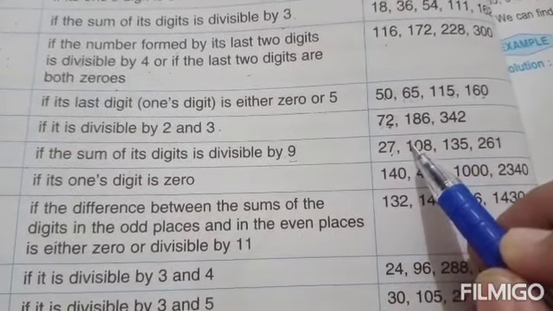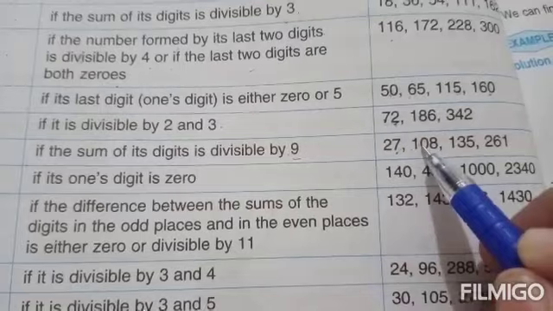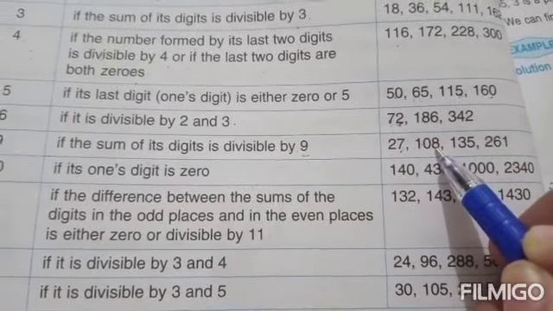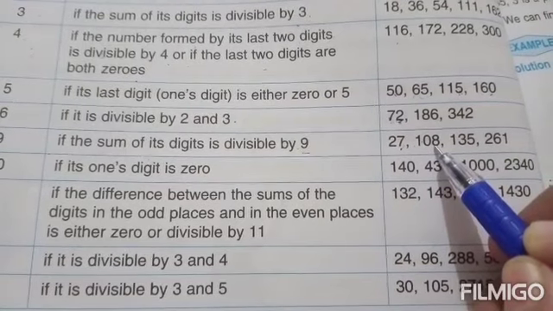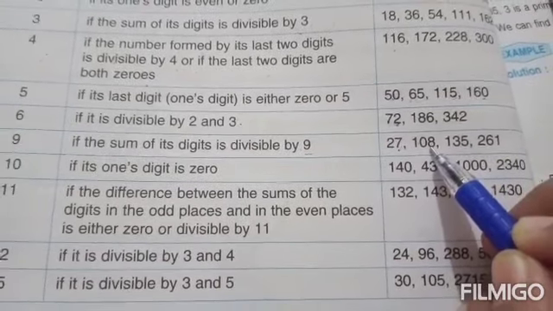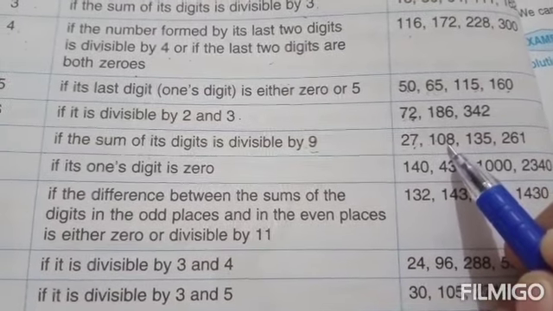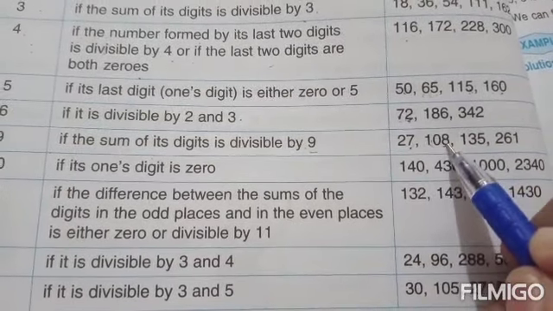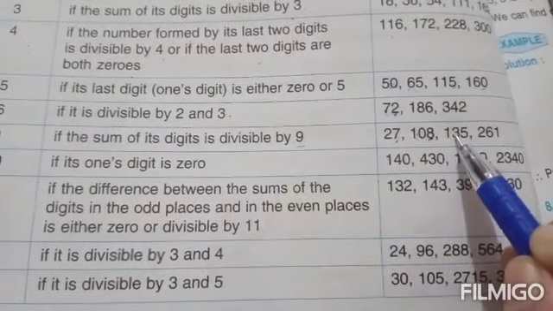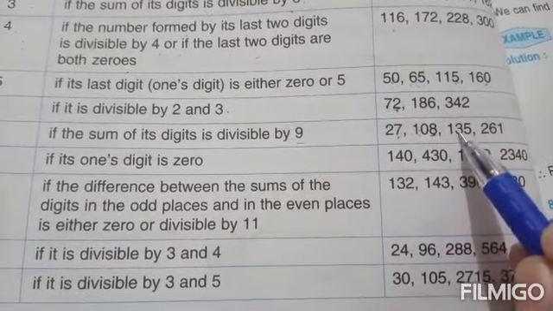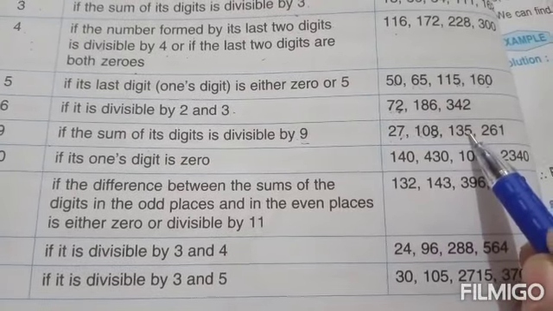Similarly, 108. 1 plus 0 is 1, 1 plus 8 is 9. So again 9 is divisible by 9, since 9 is coming in 9's table, 9 into 1 equals 9. So 108 is divisible by 9. Then next, 135. 1 plus 3 plus 5: 1 plus 3 is 4, 4 plus 5 is 9.